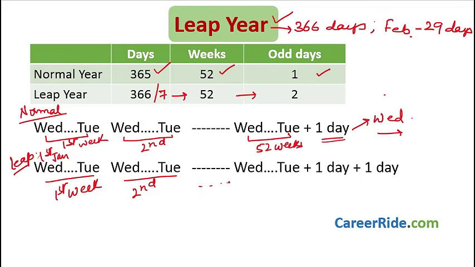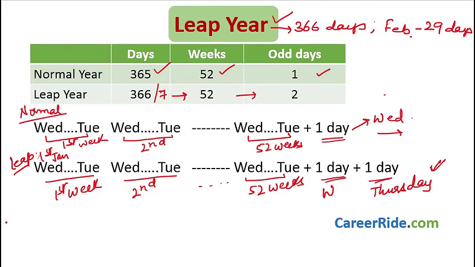Similarly, I'll keep going, and this will happen for 52 weeks, right? So this is my 52 weeks. What is happening now? Now I am left with 2 days. So in this example, the first extra day would be a Wednesday, and the next day becomes Thursday, isn't it? Right? So the last day here becomes Thursday.